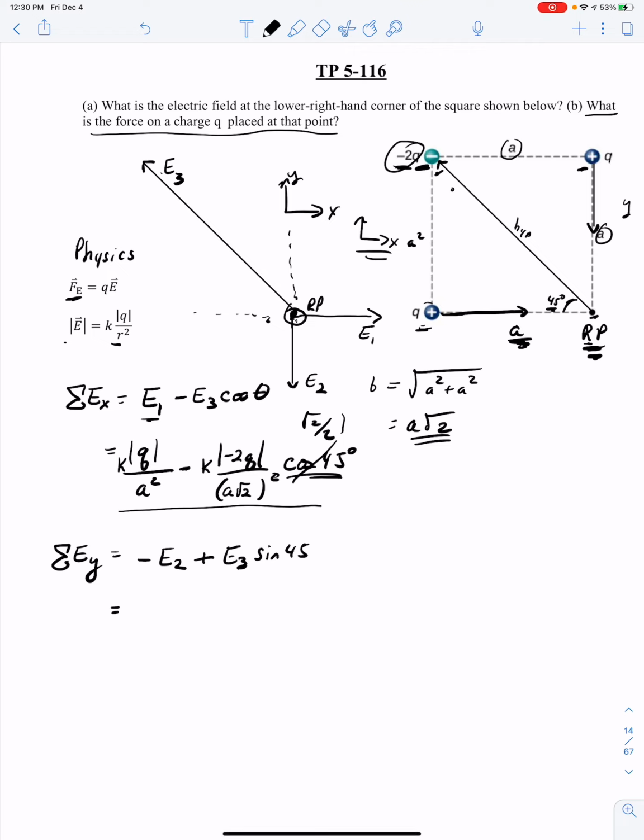So we continue working at it. Now we have negative k, the absolute value of q, over a squared, plus k, negative 2q, over a squared, times sine of 45.